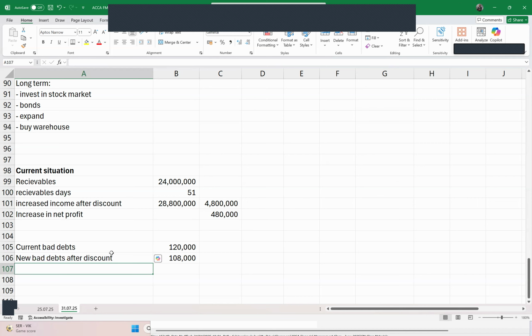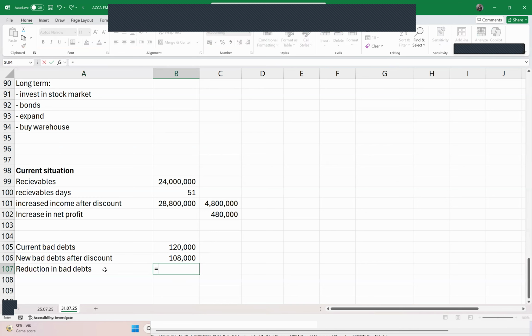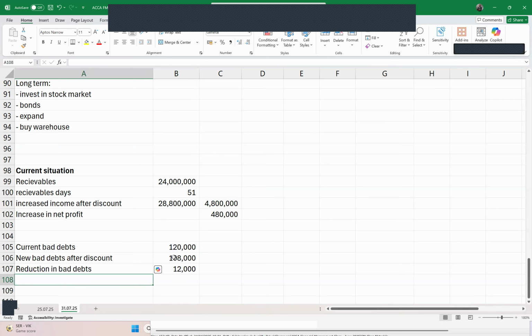Okay, so the bad debts have reduced, so the reduction in bad debts. Now there are two things we have seen. Profit will increase by 480,000. Bad debts will reduce by 12,000.